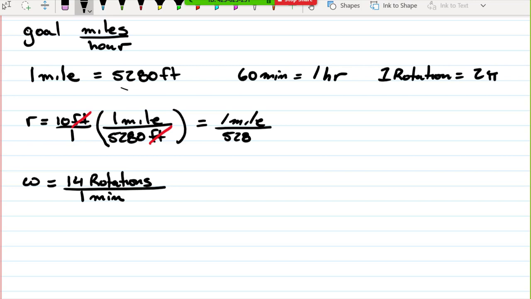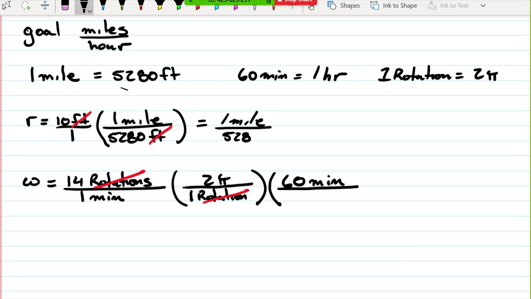So to reduce out rotations, in my conversion factor, rotations need to be in the denominator. So it's going to be 2 pi divided by 1 rotation. So then my rotations reduce out. And then I need to reduce out minutes into hours. But this time my minutes are in the denominator. So to reduce out my minutes need to be in the opposite part of the fraction, so in the numerator. So that's 60 minutes over 1 hour. And then my minutes reduce out.